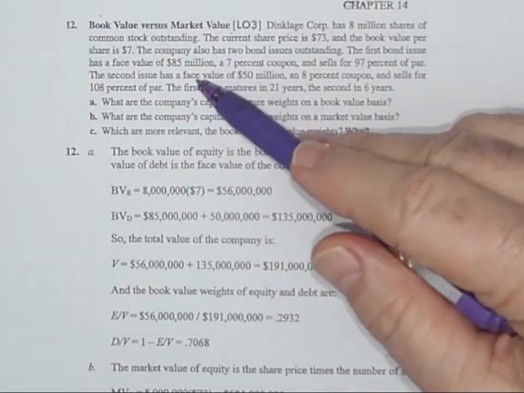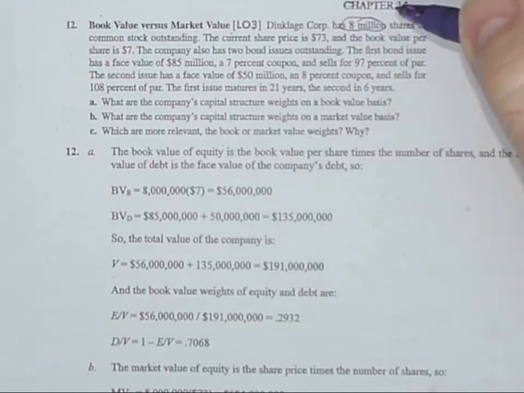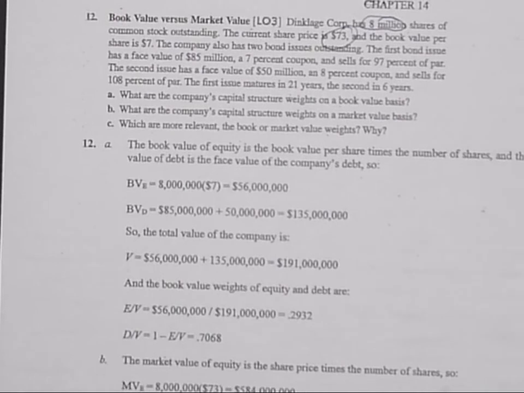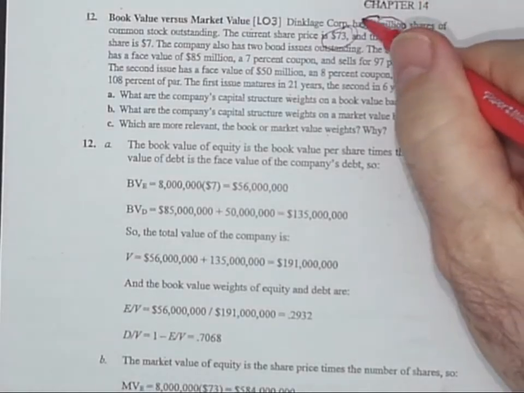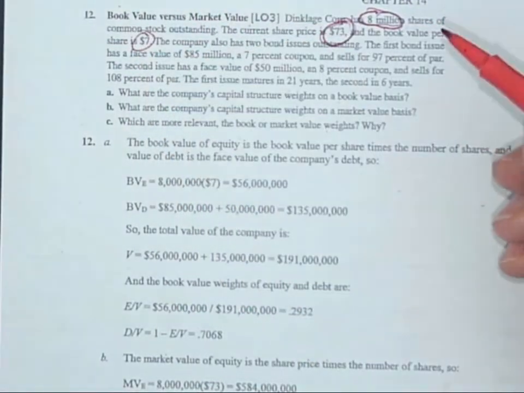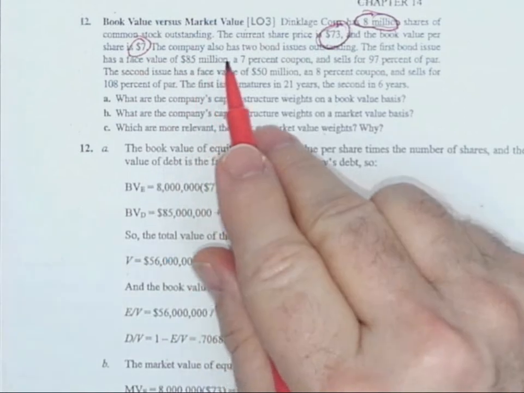First bond issue has a face value of 85 million. I'm going to circle things. So we've got 8 million shares. Share price is 73. Let's go with red. The book value per share is 7.